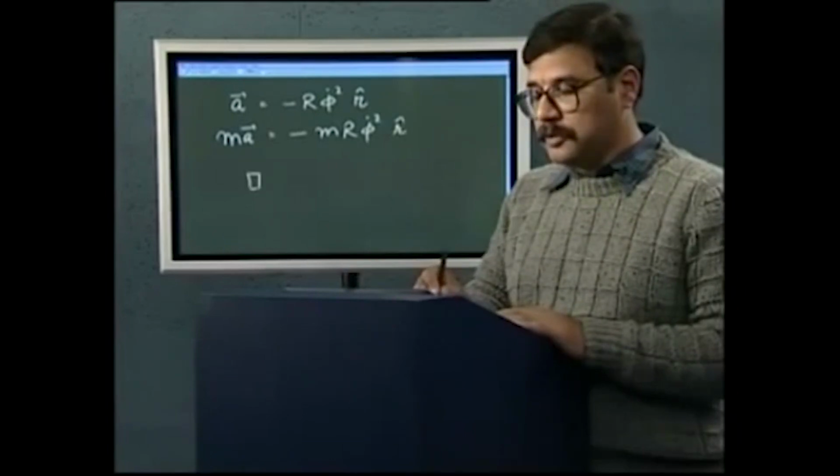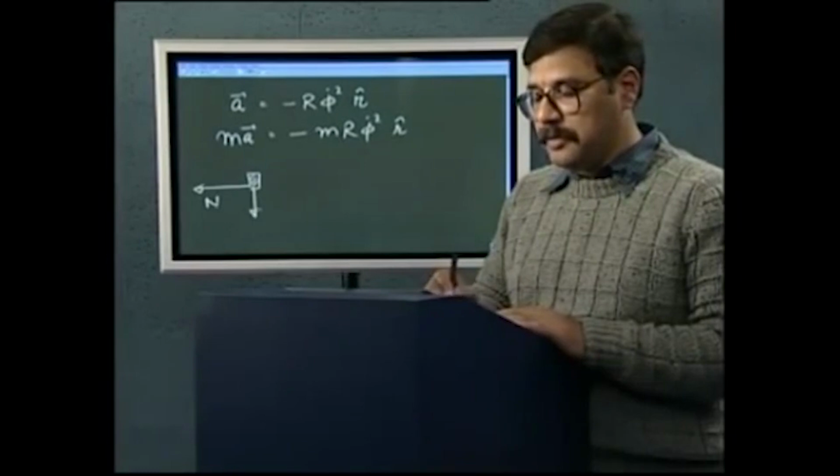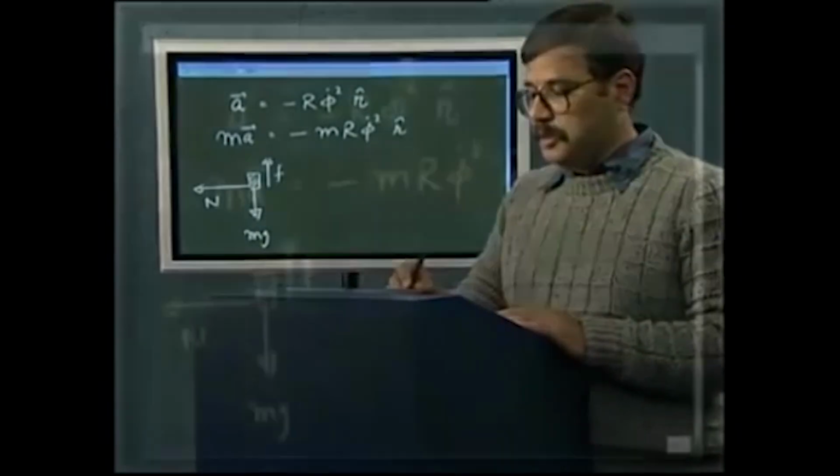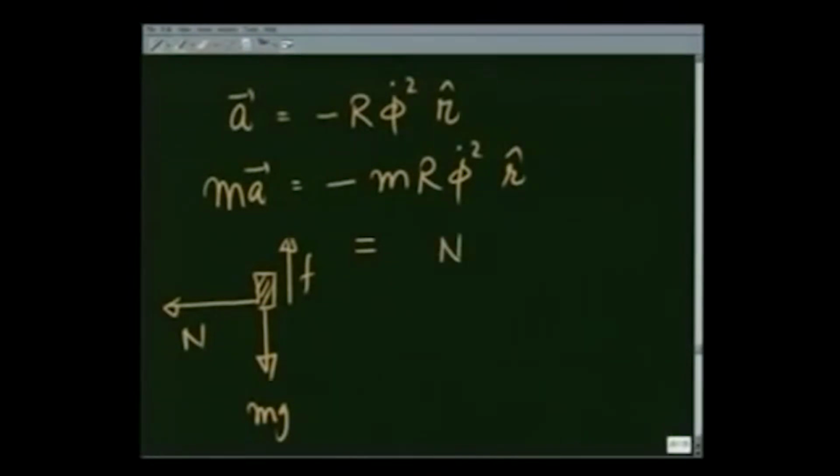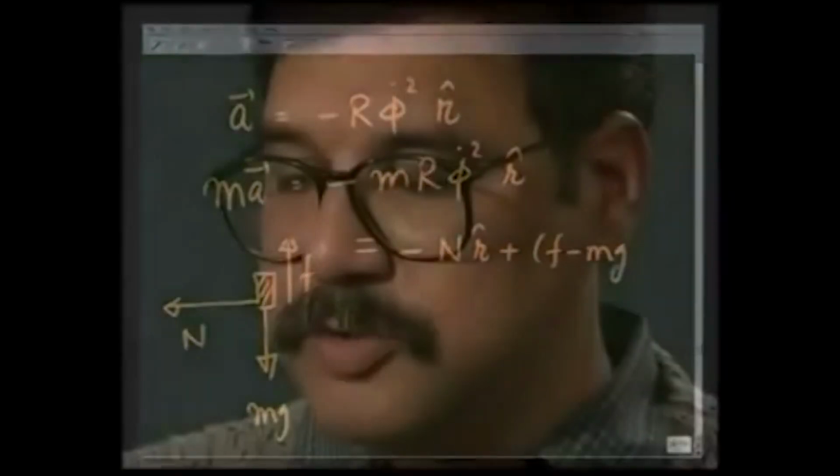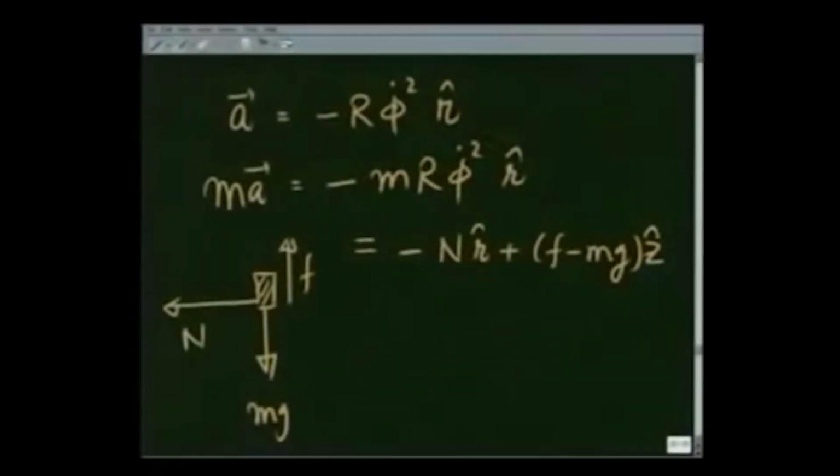How about the forces on the mass? There is a force in the negative radial direction, N, there is mg and there is friction. So, this should be equal to N in the negative r direction plus F minus mg in the z direction.